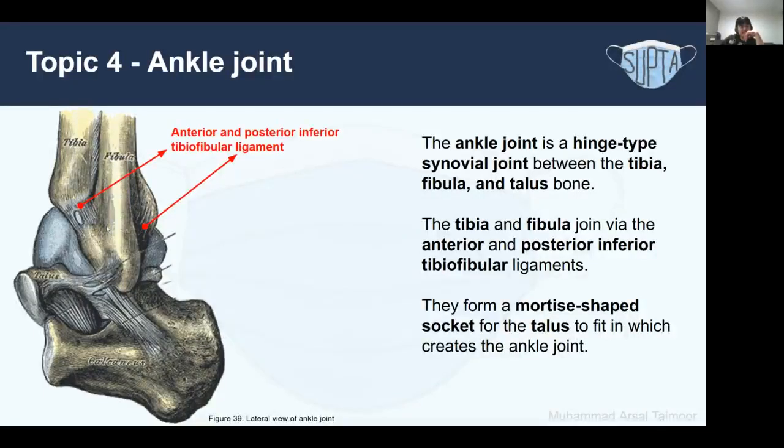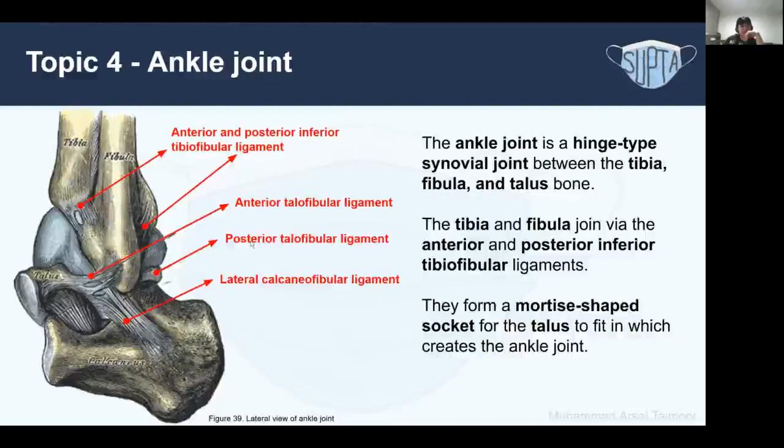Here are the ligaments, so anterior and posterior inferior tibiofibular, because there's also a superior tibiofibular ligament. So you can see calcaneus, talus, tibia, fibula forms the ankle joint, and then you've got the anterior and posterior inferior tibiofibular ligaments. And then here I've labeled the anterior talofibular ligament because talus and the fibula join here.